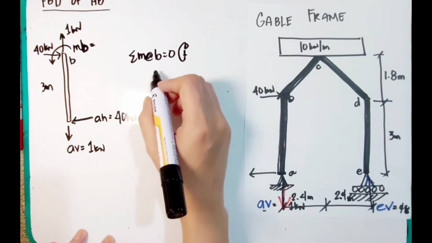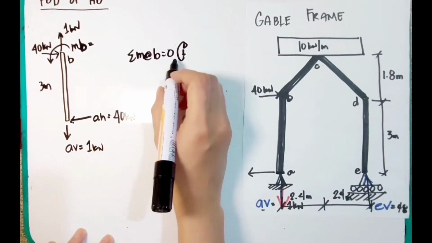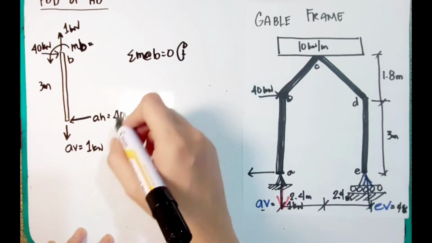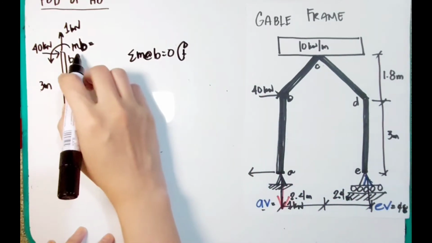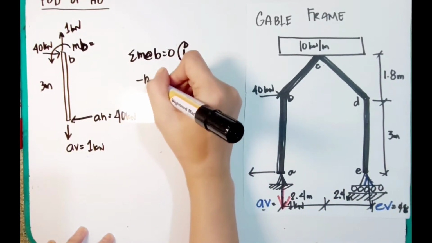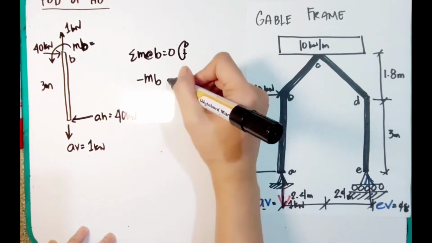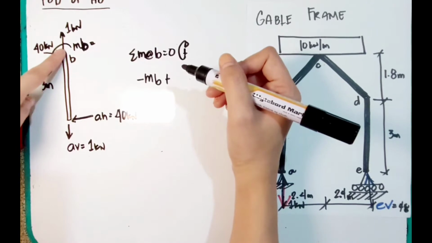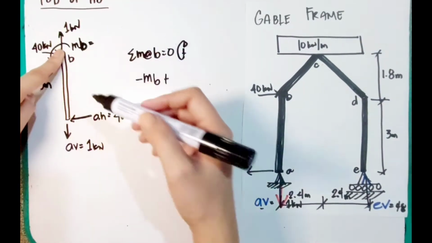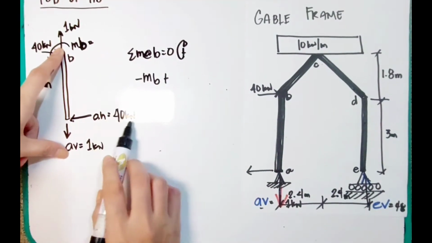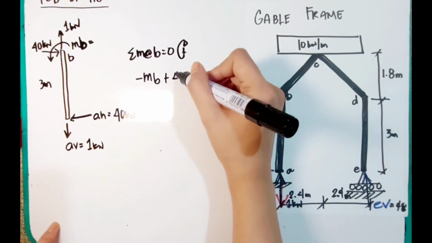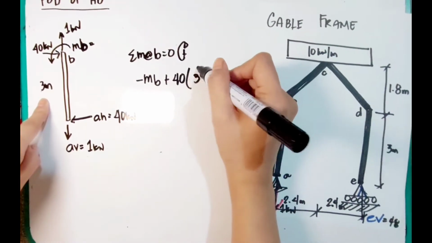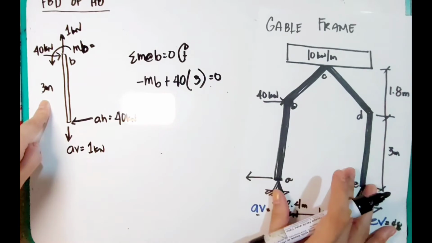Okay? So, summation moment at B is equal to 0. Clockwise is positive. Ano yung mga clockwise dyan? So, we only have MB to be counter. Plus, kunin natin to. Kasi, syempre, kung dito tayo nag-moment, mawawala si 1, mawawala si 40, mawawala si AV. Ang matitira lang is yung horizontal. So, 40 multiplied by 3 is equal to 0.